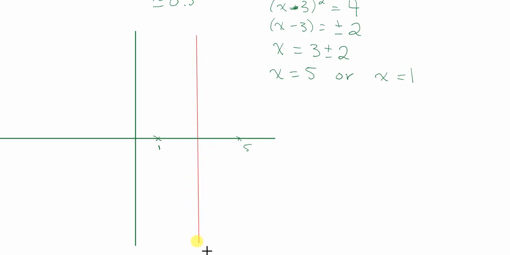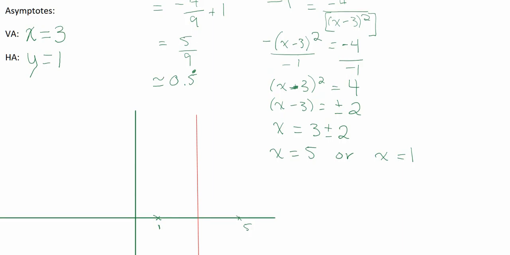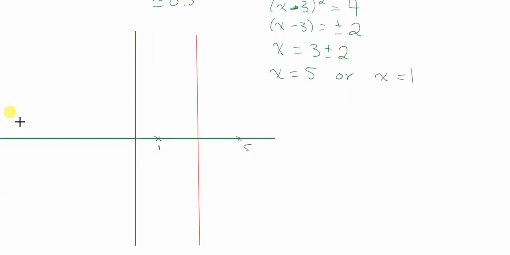Okay, so halfway in between at x equals 3. And then again, our horizontal asymptote is at y equals 1. Again, make sure you draw yours in dotted lines. I apologize that mine is not. Okay.